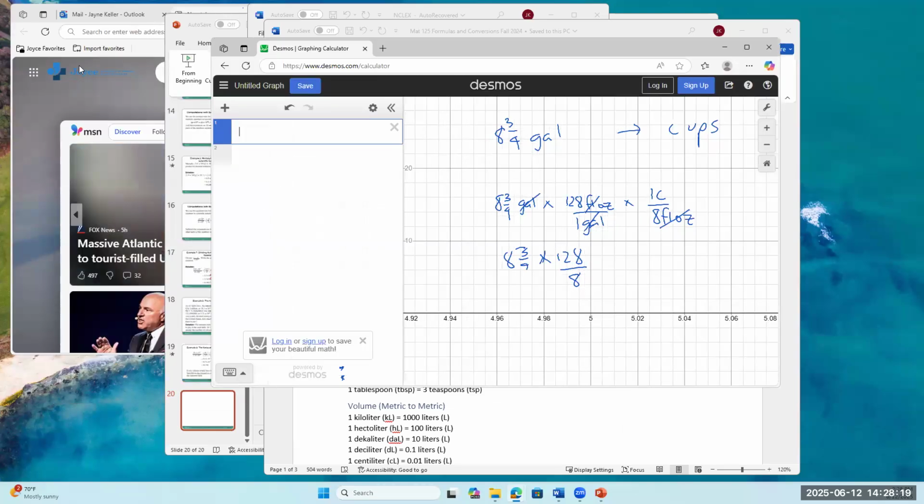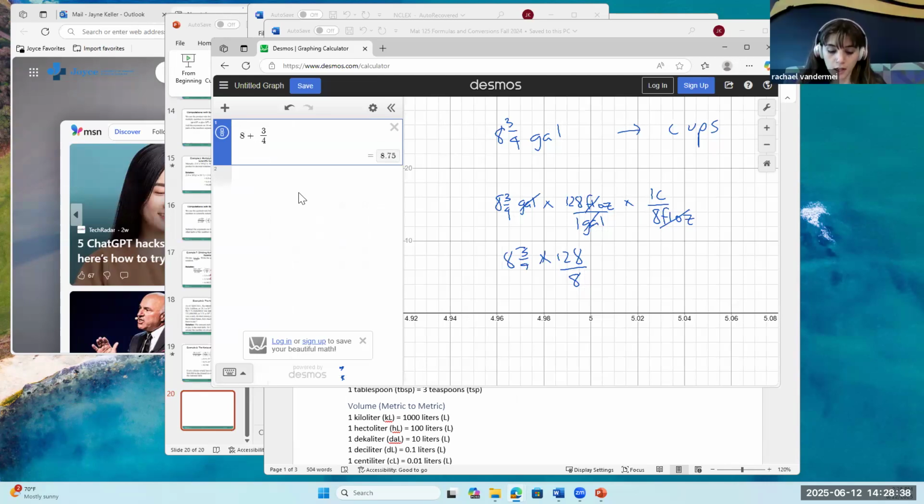So back to here. With Desmos, I can just do 8. Let's see if it'll do 8 and 3/4. I don't know. No, it doesn't like that. But there's an implied plus sign here, so I can do that. And that's the decimal. Yeah, because that's what I did first.